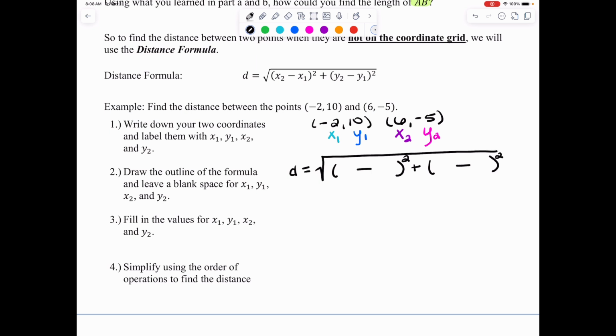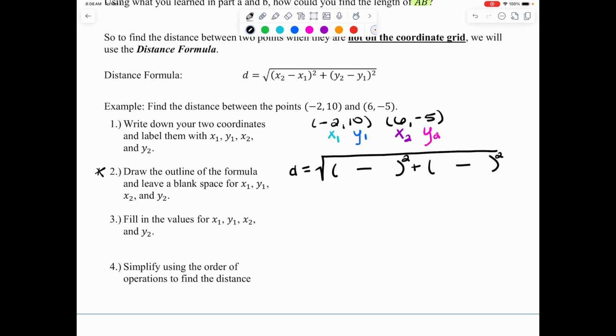So I would always, always, always suggest that you draw the outline because if we have to put negative values in like we're going to have to do here, it's very easy to lose one of your signs.